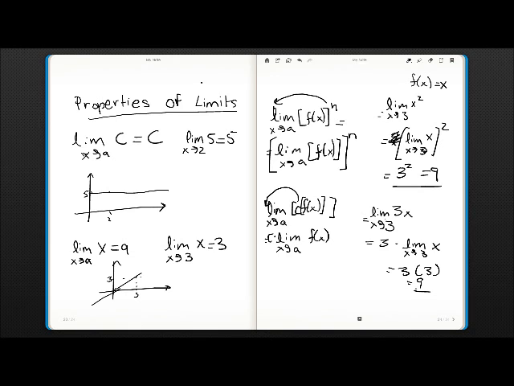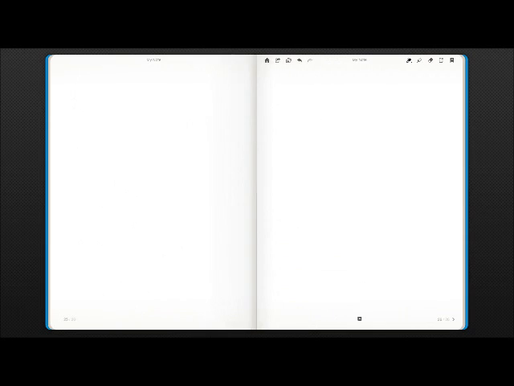Simple. Then it gets a bit tricky. Well, not really, but it's still pretty simple. You just need to think about it. So say we have the limit as x approaches a, and there are two functions inside, f of x plus g of x. It's really hard to solve for the limit when the functions are inside.